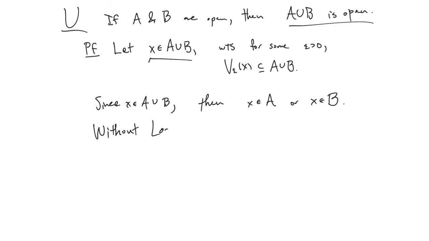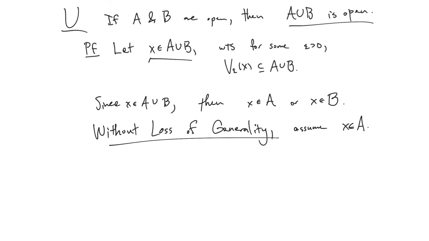Without loss of generality, let's assume that X is in A. So this phrase, without loss of generality, means I have two options, and you might as well just pick the first option because the second one's going to be entirely the same.